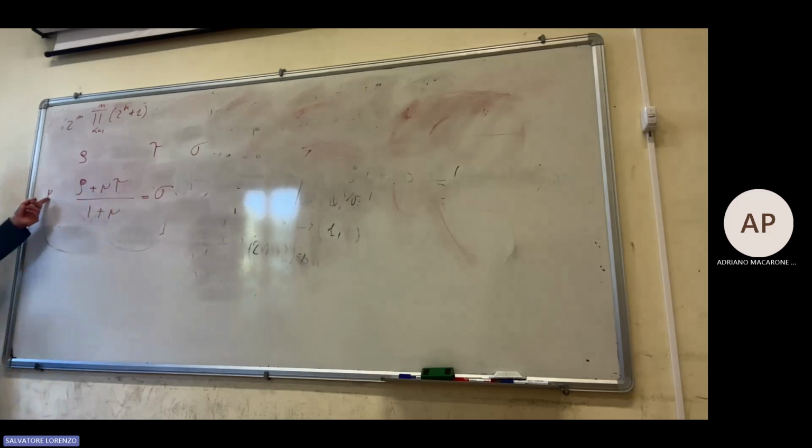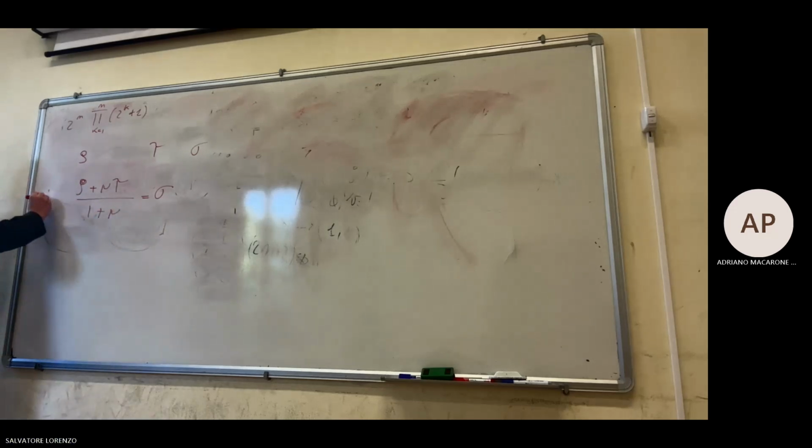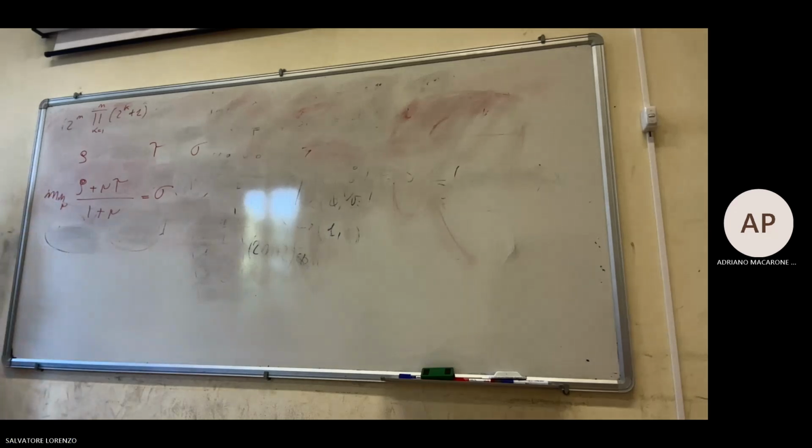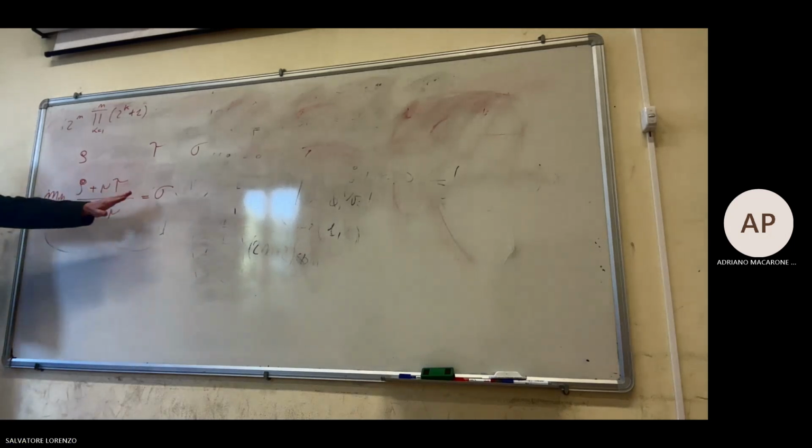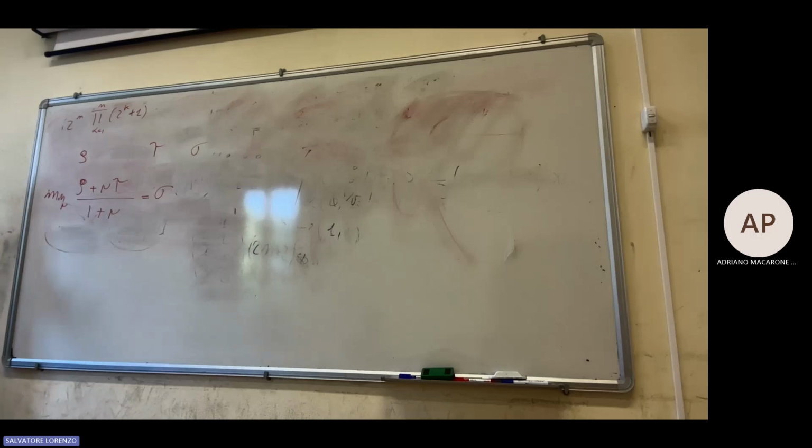What is the minimum value of this? The minimum over R. Obviously, it's trivial if rho is free, R is 0. But instead, if there is a lot of magic, this means that I have to put a lot of noise inside.